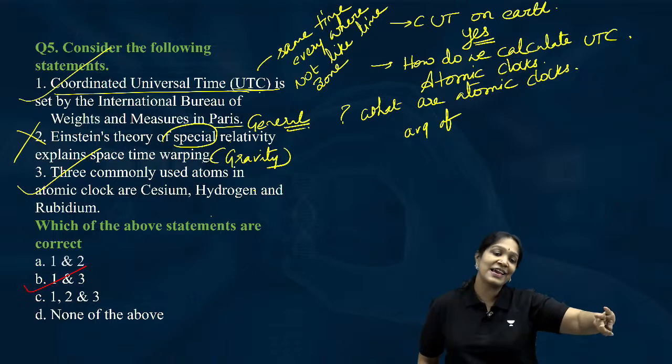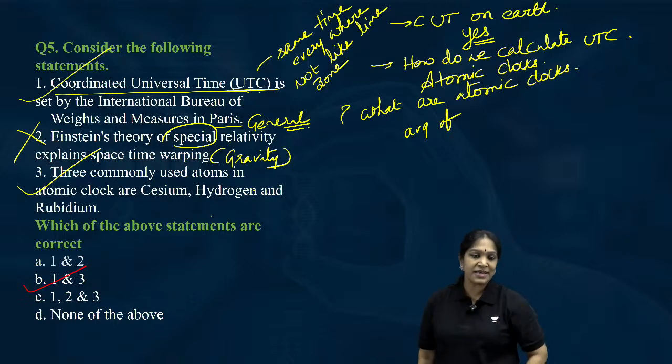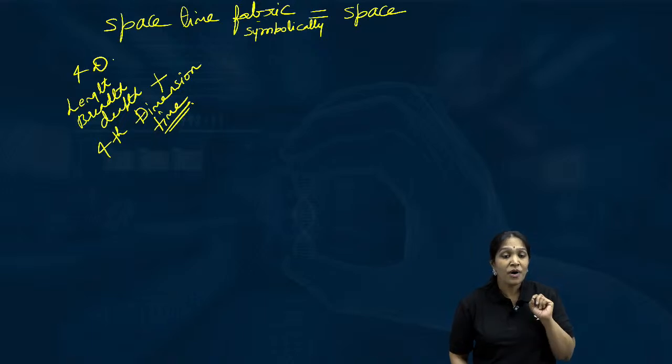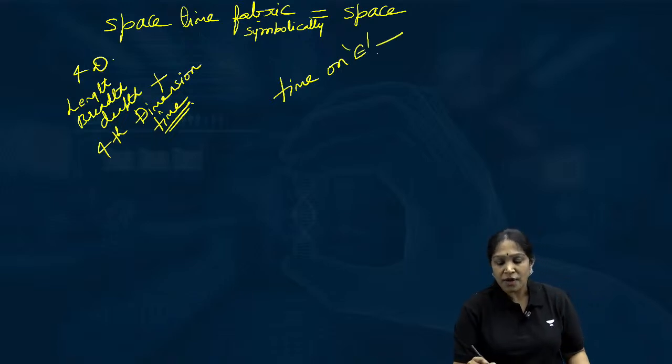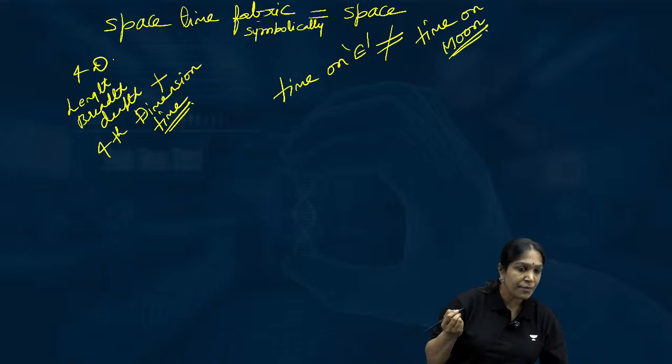What is its relation with coordinated universal time? That is the question. The answer is, the time on Earth is not equal to the time on the Moon.